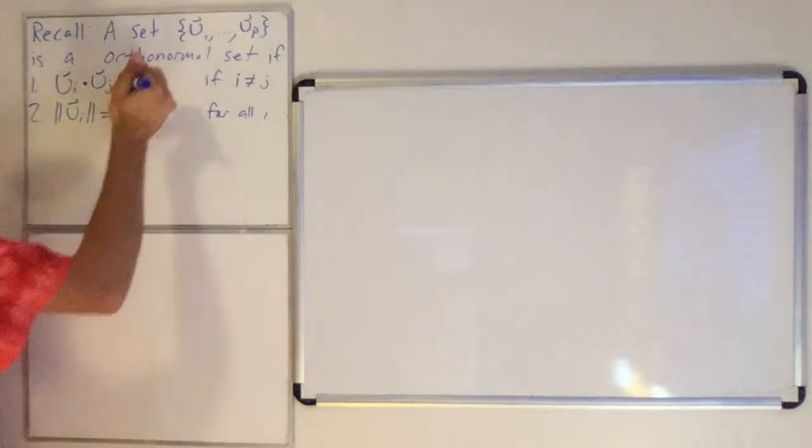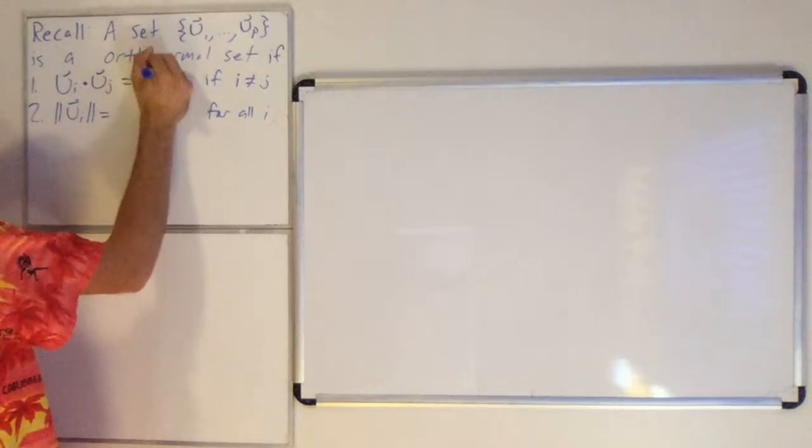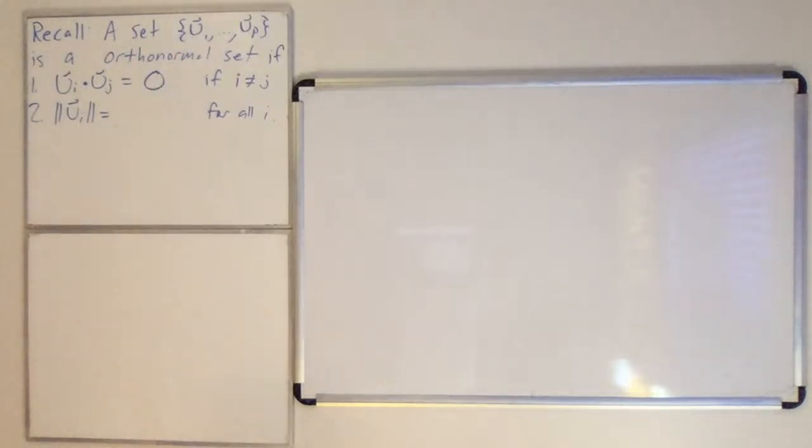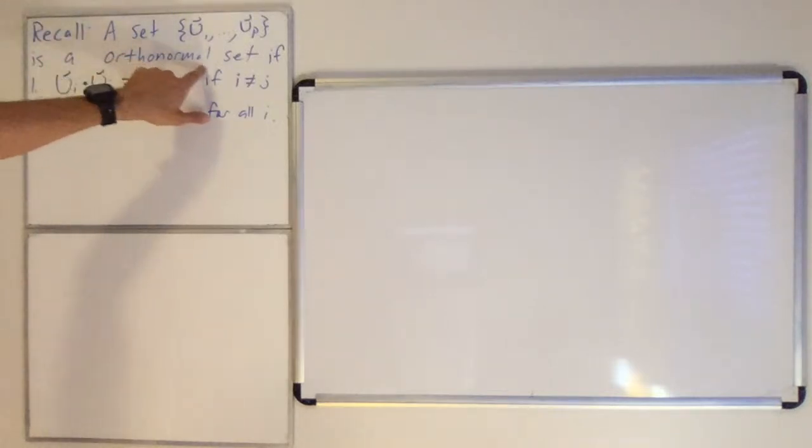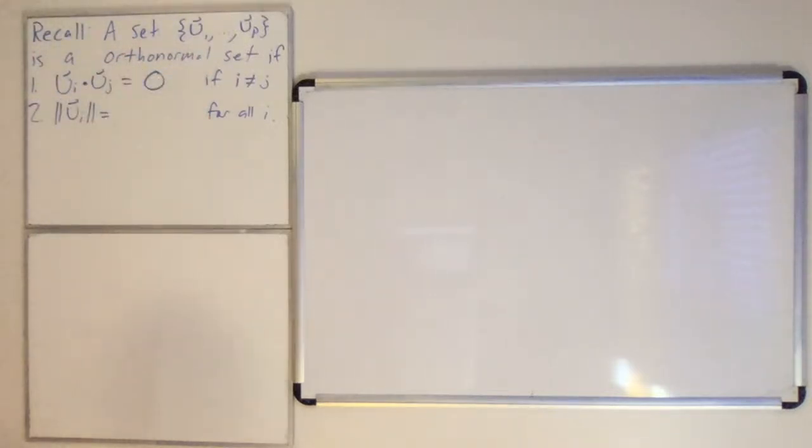Yeah, we want 0 if you take the dot product of just two vectors that aren't the same. That means they're orthogonal. And then what did the normal part mean? Because if it was an orthogonal set, we would only have this first condition.